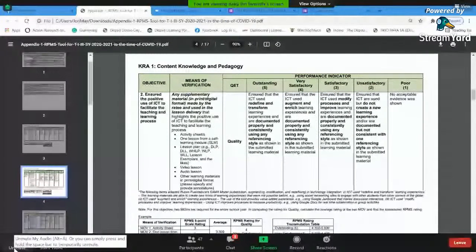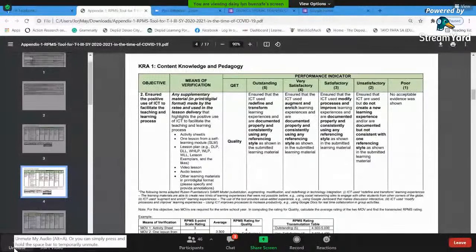ICT use augment and enrich learning experience. The use of the tool provides value-added experience. Nakita ninyo diha sa ubos mabasa ninyo diha. The use of the tool provides value-added experience. Mao na gitawag og augment ug enrich, naka-augment ug naka-enrich ang imong paggamit sa ICT, imong lesson.